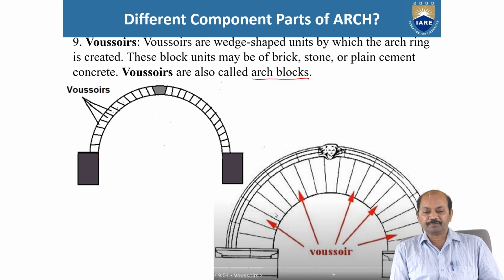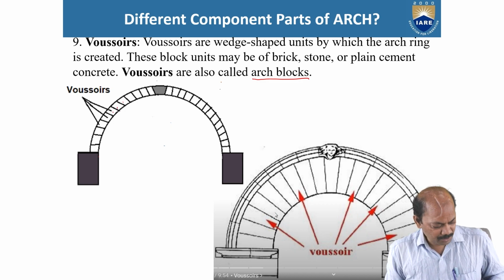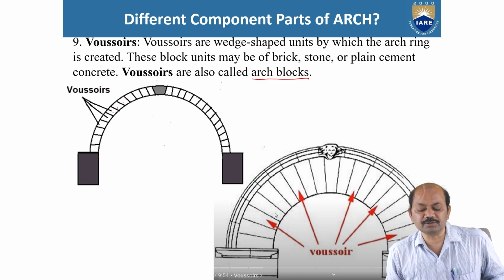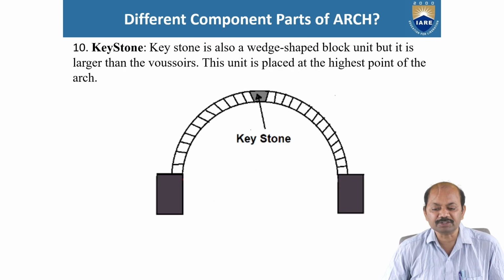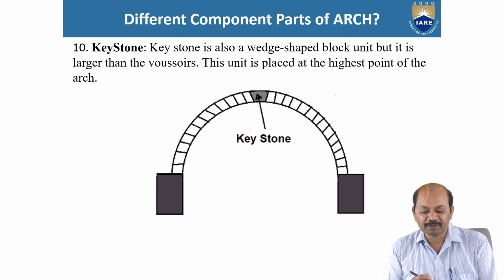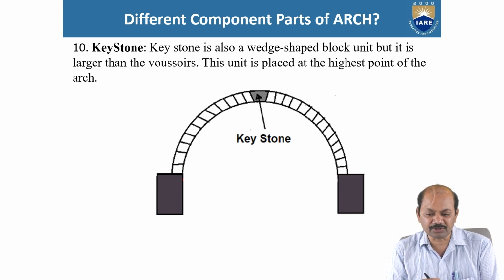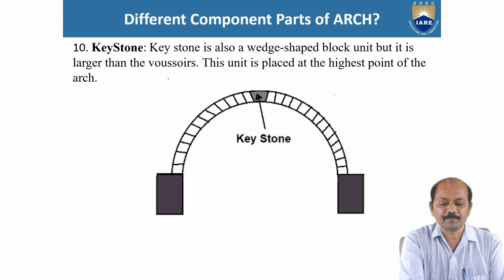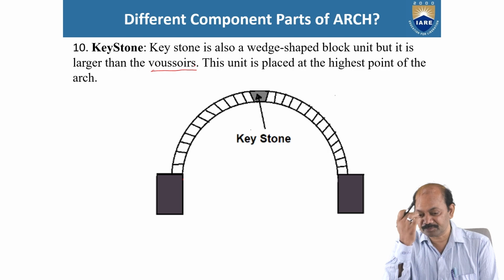Right? After voussoirs, a very important term, students usually forget this term. Next is the keystone. Keystone is also a wedge-shaped block unit, but it is longer than voussoirs.